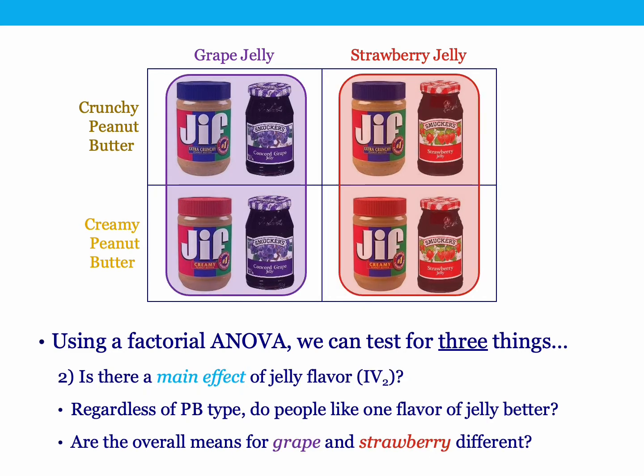And we can also look for a main effect of jelly. In this case, we would say, regardless of peanut butter type, do people prefer one flavor of jelly over another? So regardless of whether the peanut butter is crunchy or creamy, are the overall means for grape and strawberry different?